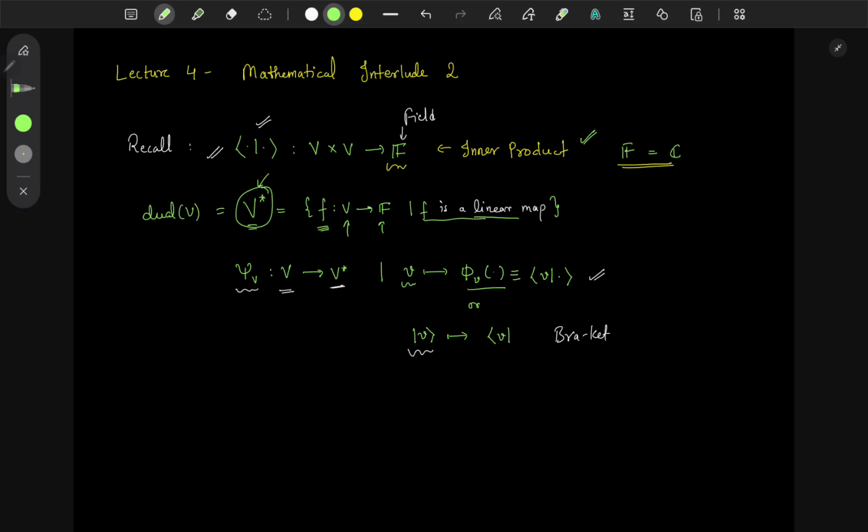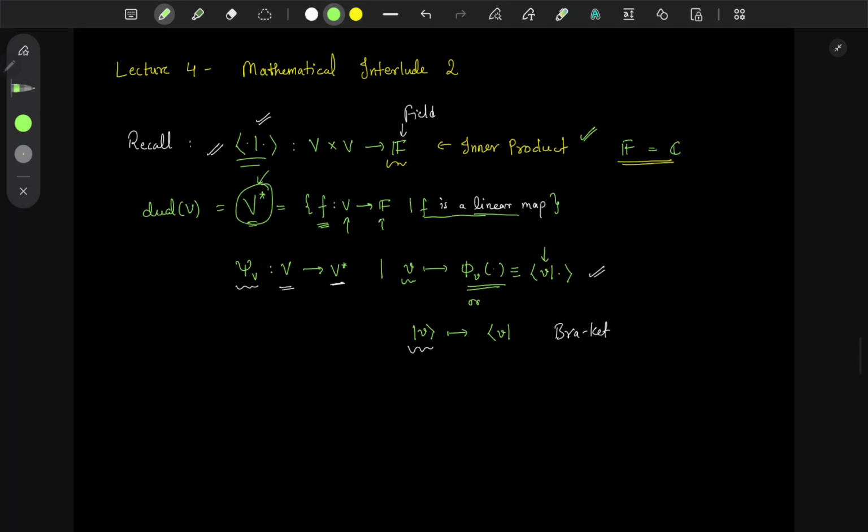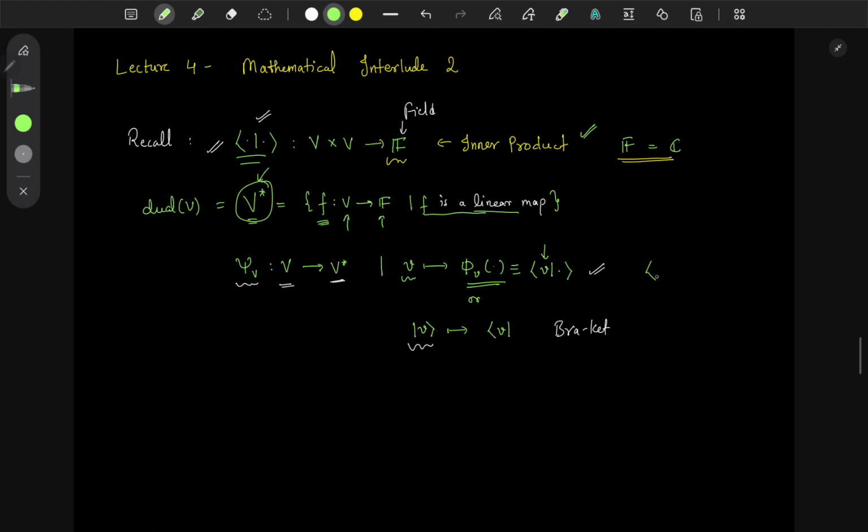The function is defined by putting the element V in the first entry of the inner product, and in the second entry you can put whatever you want.